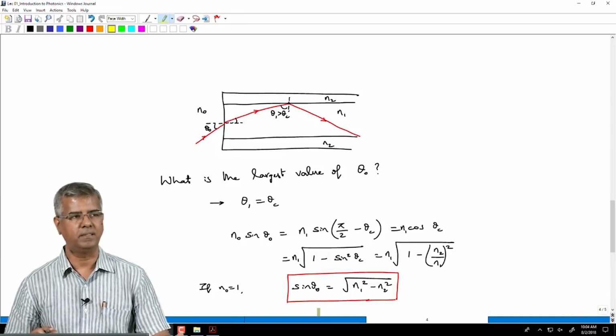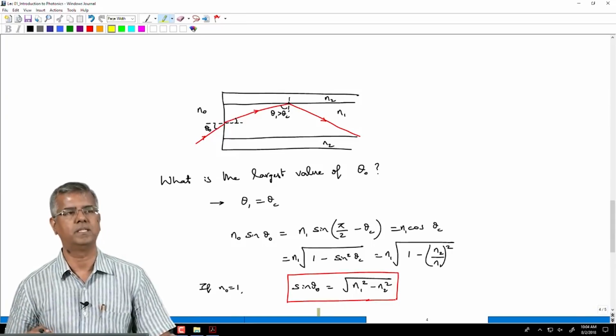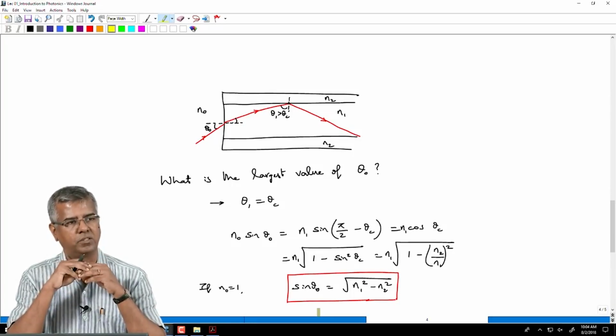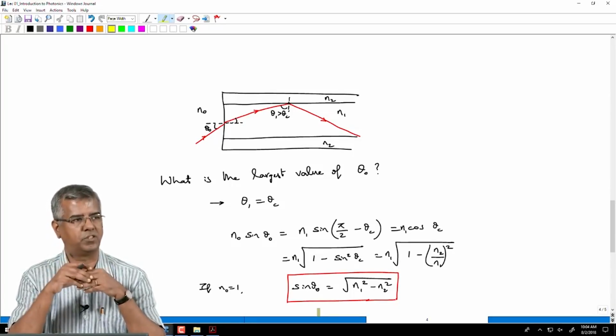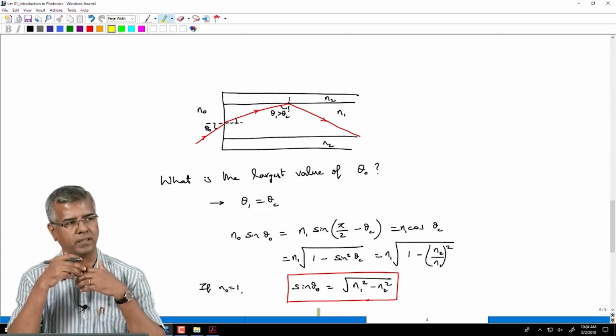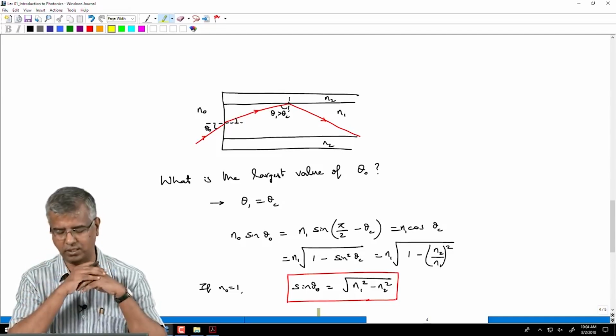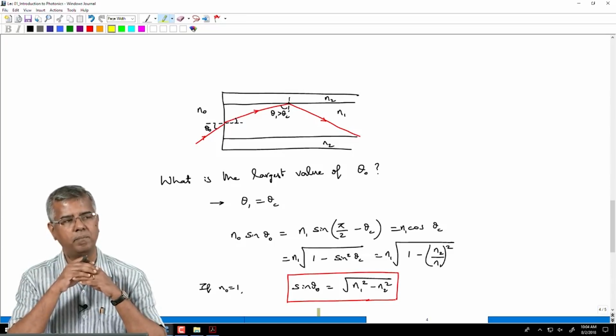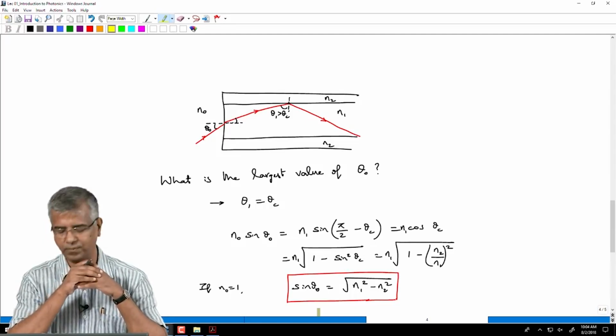What we are typically interested in as far as the endoscope is concerned is you have a structure, let us say a waveguide structure, because we are guiding light, and what is the maximum cone of angles that we can pick up using this structure.